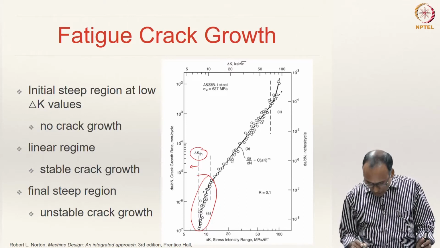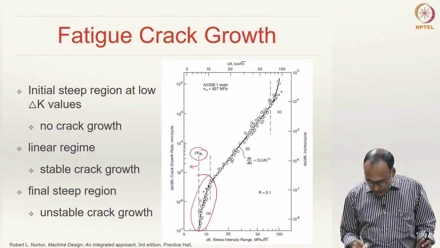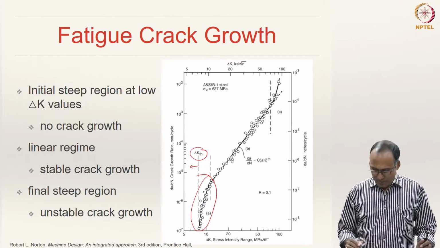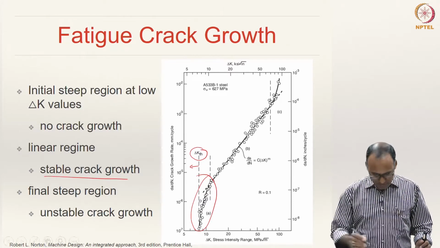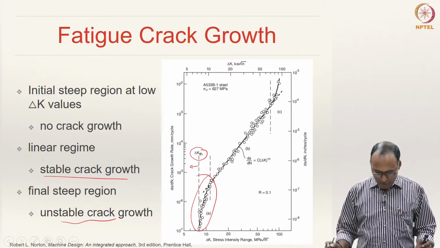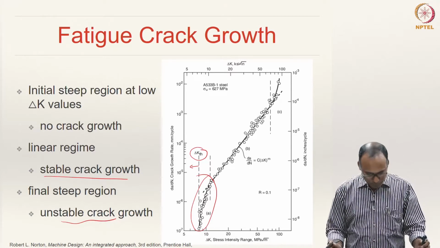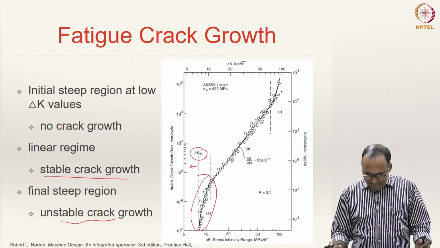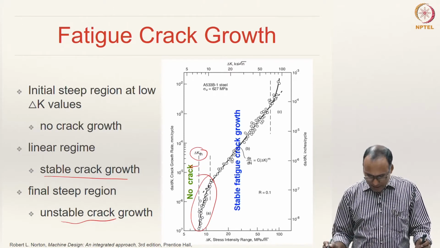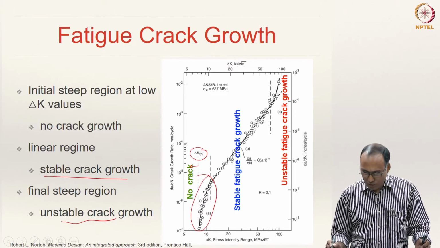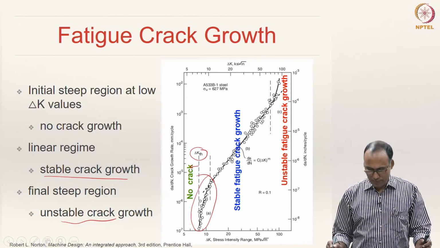Region 2 is a linear regime, which is a stable crack growth regime, and the final steep region is an unstable crack growth regime. So, below delta K th there is no crack, then stable fatigue crack growth, and then unstable crack growth.